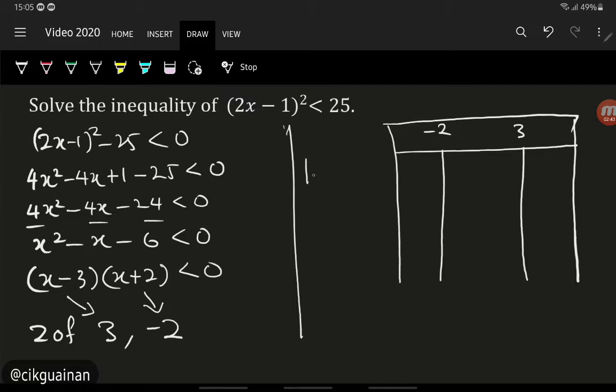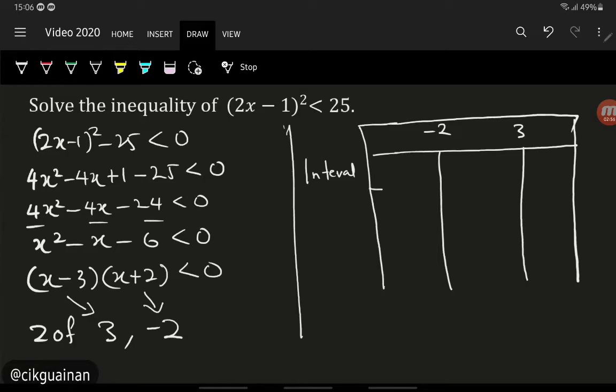First thing first, we start with the interval. Maybe I make it wider, otherwise it doesn't fit the bracket very well. Okay, that's better. What is the interval for this one? It's less than minus 2, so it means minus 2 until minus infinity.